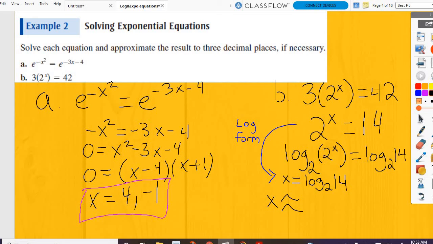It was in our logarithmic properties. What property allows us to convert it to a different base? So look back in our notes.